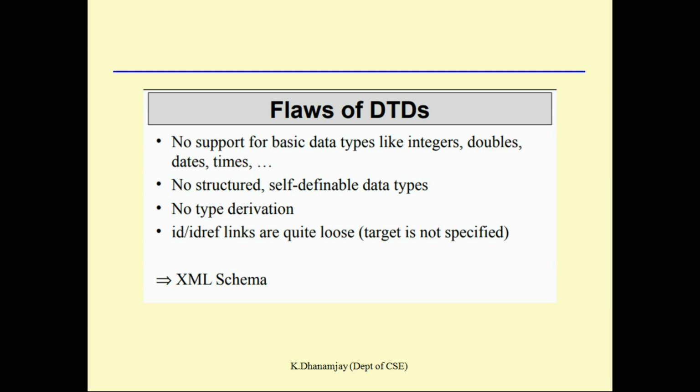One more thing, defaults for elements cannot be specified, and we have very little control over mixed content, that is text plus elements. DTDs are written in a strange non-XML format and are difficult to validate. So these are all the problems in DTDs.